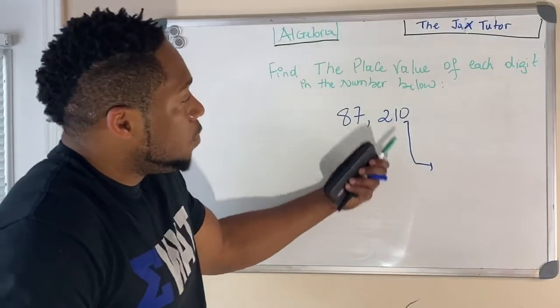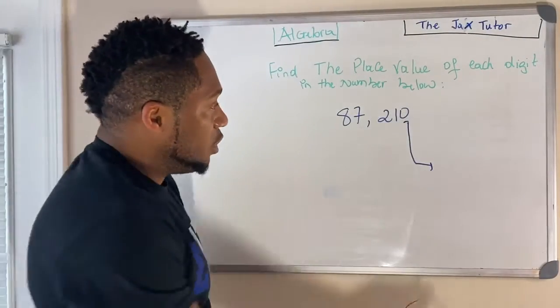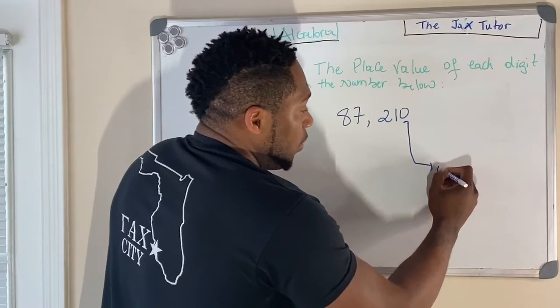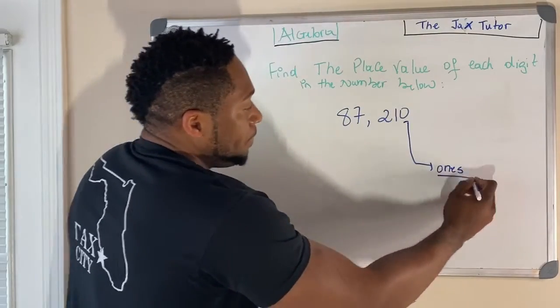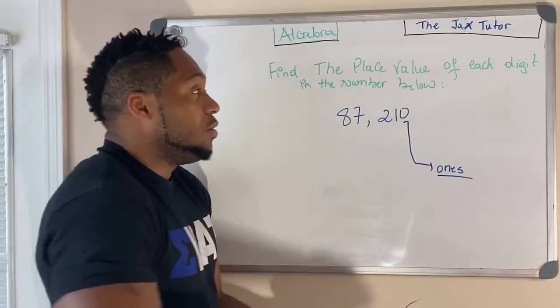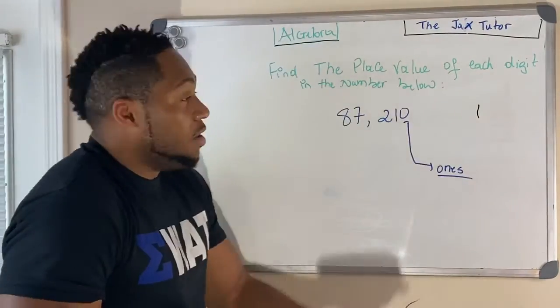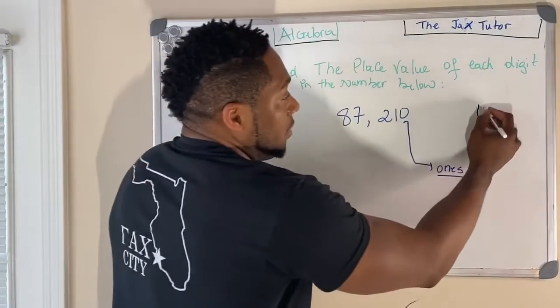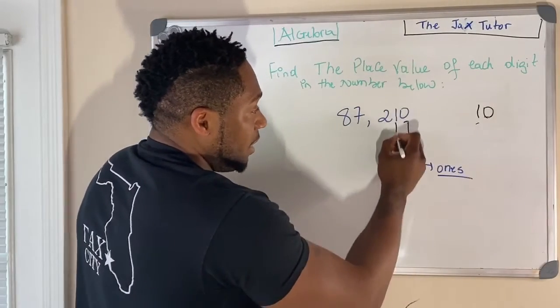Now, the place value of this one, they call the ones place value. The second one is, you start with 1 and add a 0, and they call this one the tens place value.